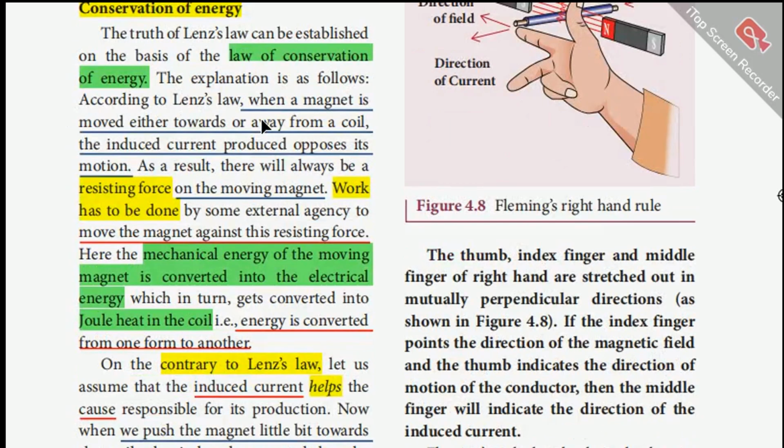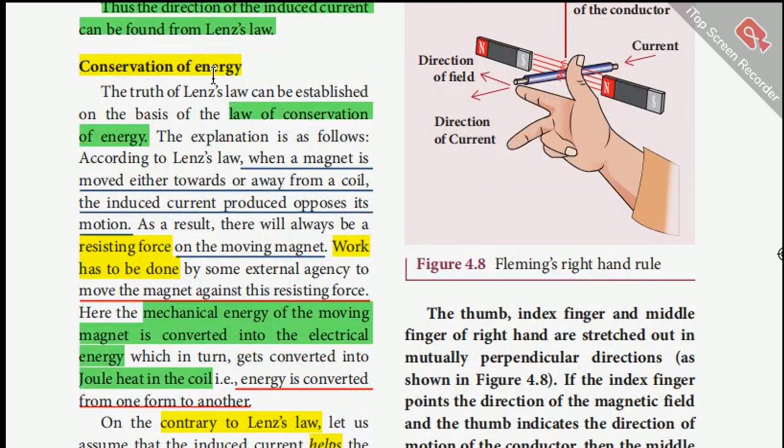Now let us see how the energy is conserved in this. The truth of Lenz's law can be established on the basis of the law of conservation of energy. The explanation is as follows. According to Lenz's law, when a magnet is moved either towards or away from a coil, the induced current produced opposes its motion. As a result, there will always be a resisting force on the moving magnet.